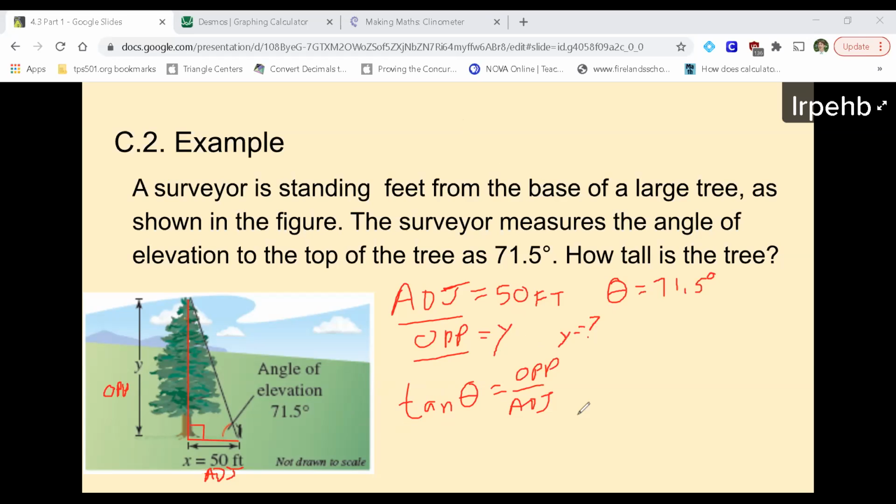If I plug these in, we get the tangent of 71.5 degrees is equal to y over 50. And I want to solve this for y. To get y by itself here, instead of dividing by 50, I'll multiply both sides by 50.